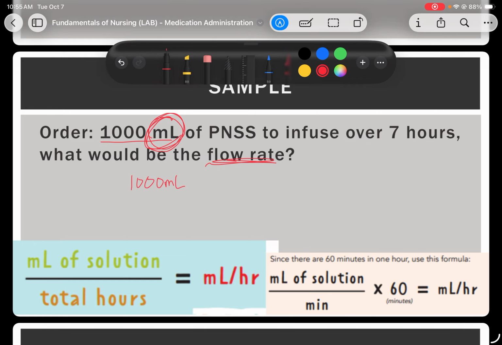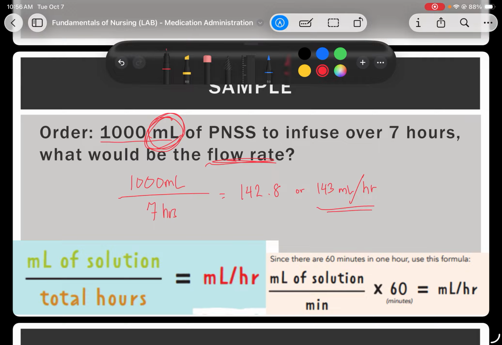So 1000 ml divided by how many hours? 7 hours. So what's the answer for that, class? 1000 ml divided by 7 hours is 142.8, or 143 ml per hour.